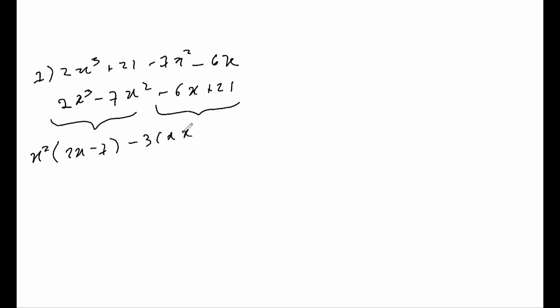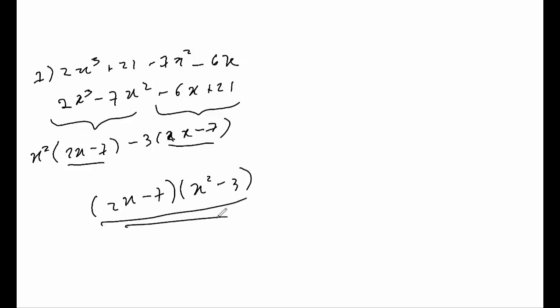And as I distribute it, I'll get back my negative 6x, and then I'll put negative 7 here because negative 3 and negative 7 will give me positive 21. So now I have these two factors the same. So I'll have 2x minus 7, and then I'll put the leftovers in the next factor, x squared minus 3, and now I have factored this expression.